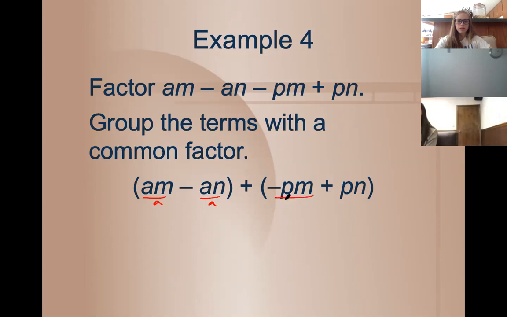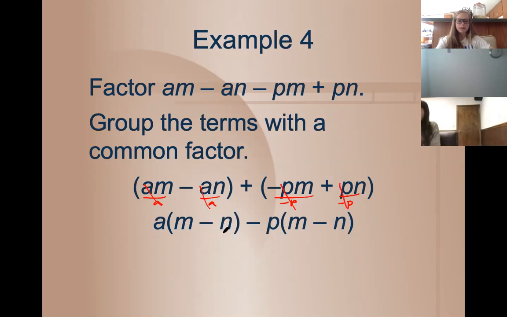They both have a negative p that I can pull out of both of those. So here we go, pull out that a. I'm left with m minus n. Pull out a negative p. I'm left with m minus n. Pull out that m minus n. And what are you left with? A minus p times m minus n.